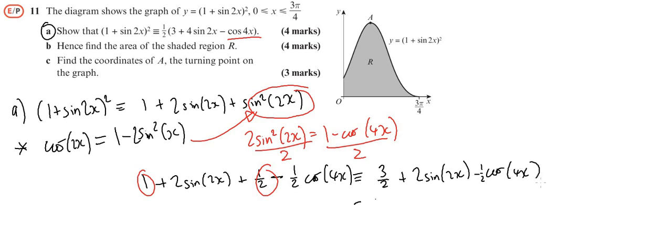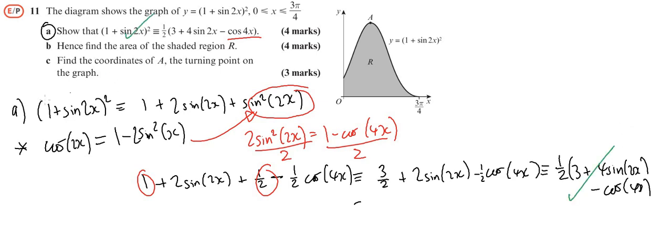Now all we have to do is basically put that into the final form by taking the half outside. That's a half times 3 plus 4 sine 2x minus cos of 4x. And now we have the thing that we wanted from A.